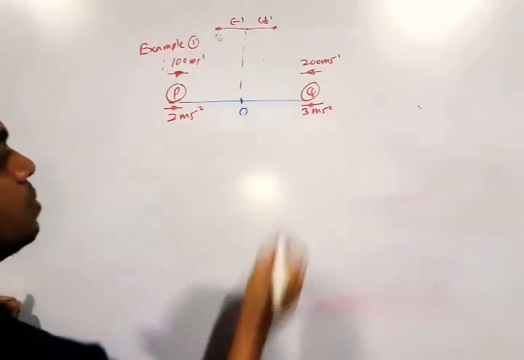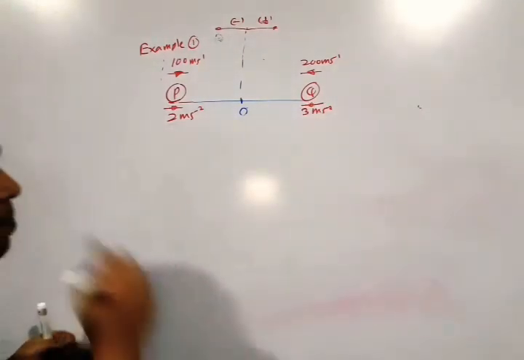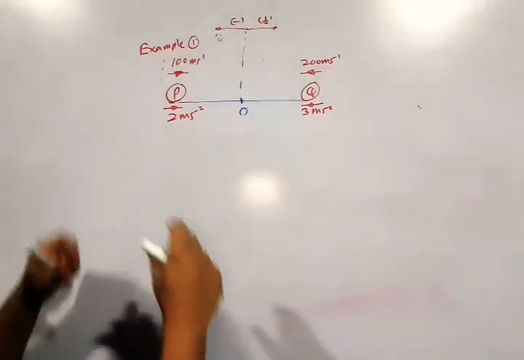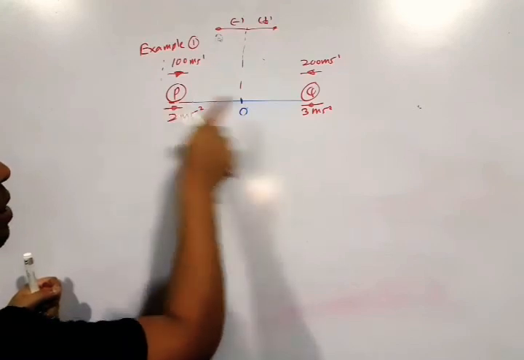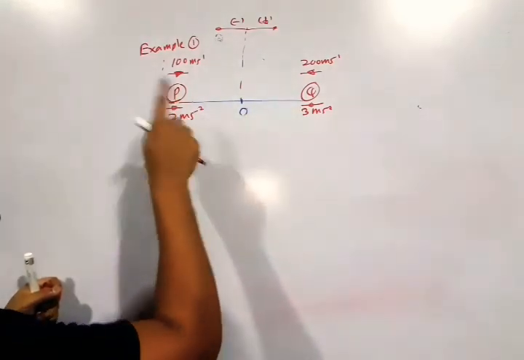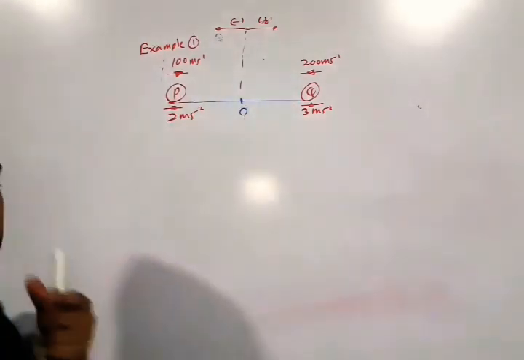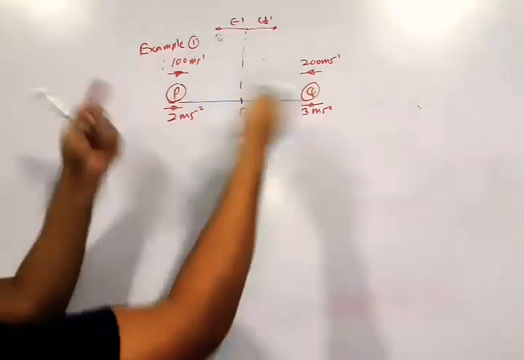At time t, if you take a snapshot, particle P would be here and particle Q would be there, and at that point the velocities would be 100 here and 200 there. Of course, with time the velocity will change.